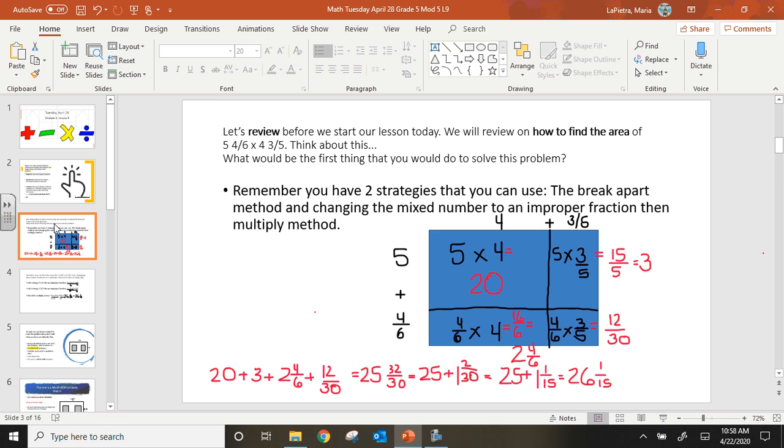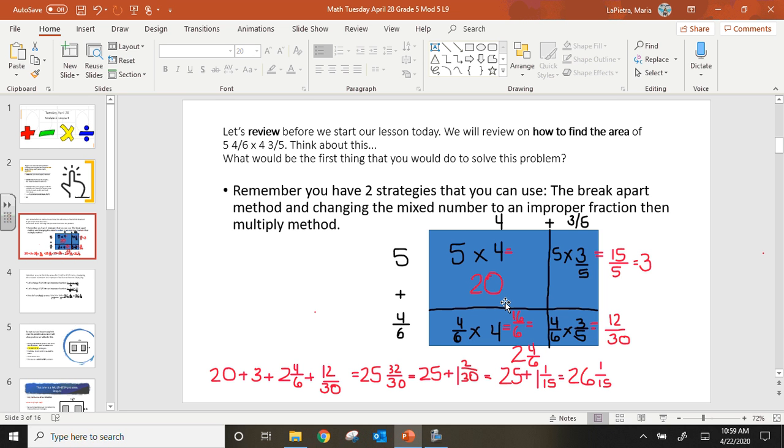Okay, so let's look at this. I chose to do the break apart method because these were bigger mixed numbers. Totally up to you. To review a little bit, I did make our rectangle. I split up my whole number and my fraction. Now I'm going to multiply. 5 times 4 is 20.